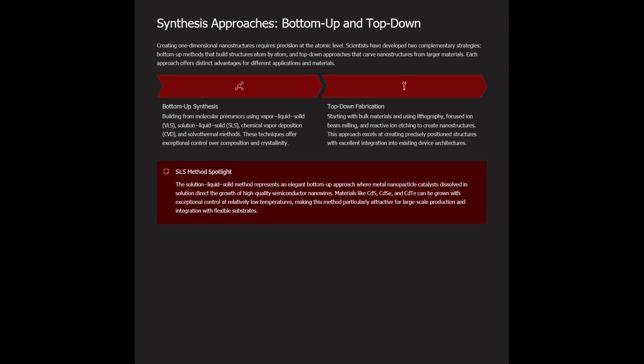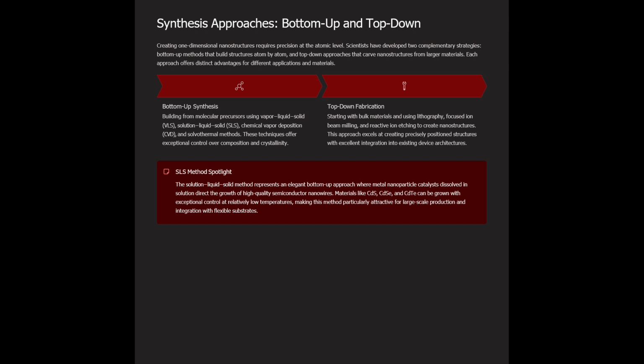Bottom-up synthesis builds from small molecular precursors, using vapor liquid solid, solution liquid solid, chemical vapor deposition, and solvothermal methods. These techniques offer exceptional control over composition and crystallinity.